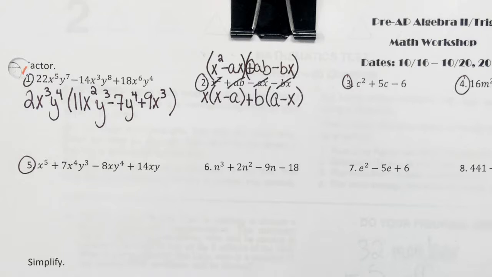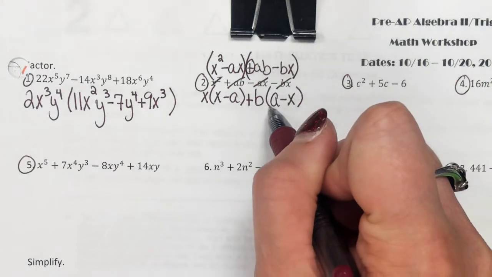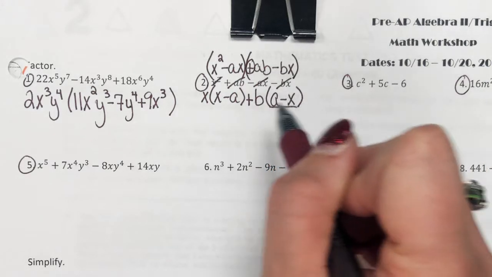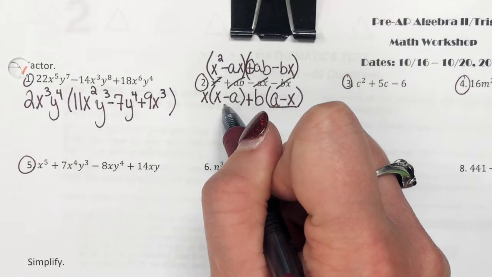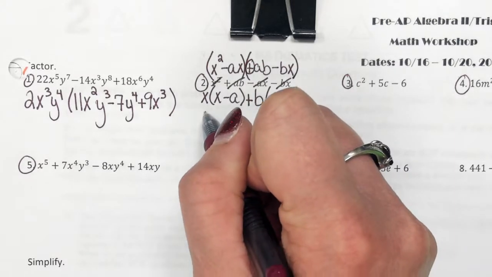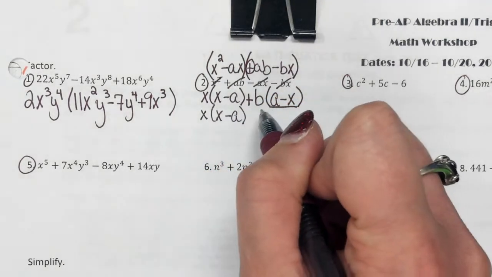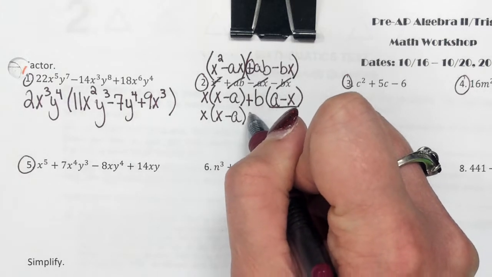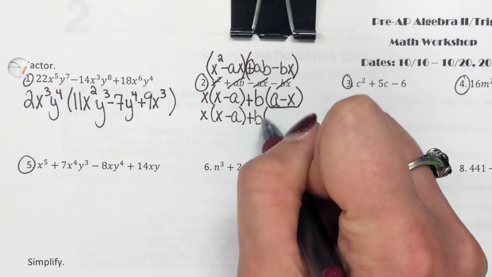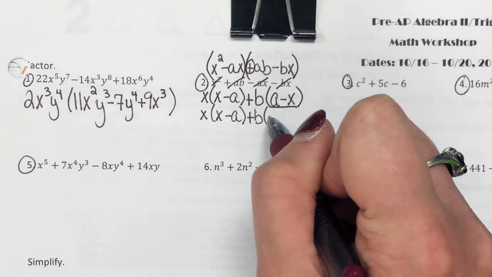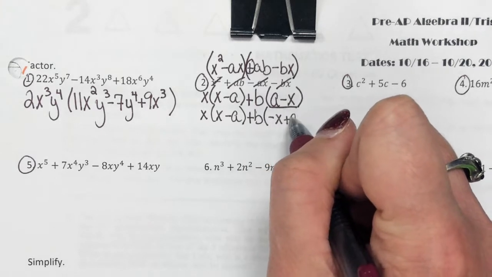Now, they're not the same, but they're very close to being the same. So what would I need to do to this guy to make him start looking like this guy? There you go, but be careful. When you flip that around, you're not going to say x minus a, because that's not a positive x. Plus what kind of? Negative x. Negative x plus a.